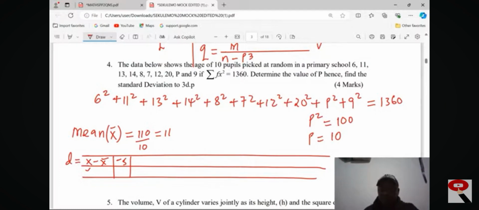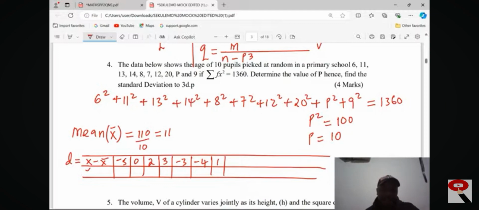Then we go to 11 minus 11, we get 0. We have 13 minus 11, we get 2. We have 14 minus 11, we get 3. 8 minus 11, negative 3. We go to 7 minus 11, negative 4. Then 12 minus 11, positive 1.